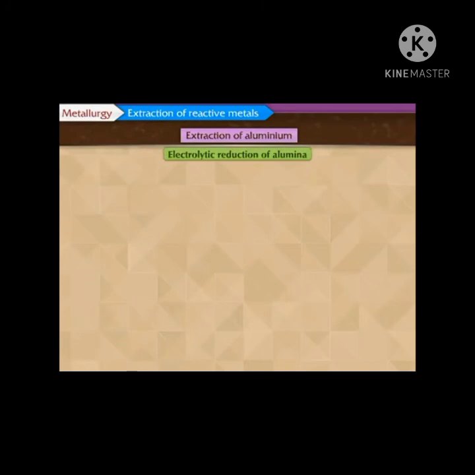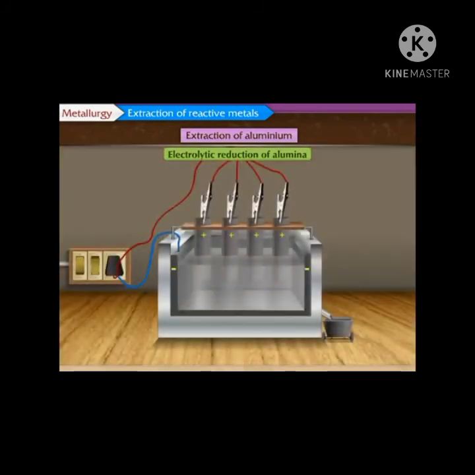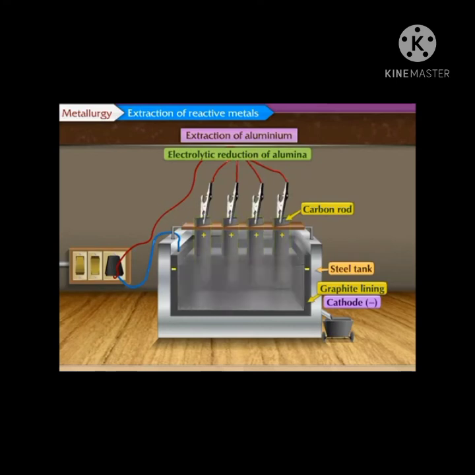Electrolytic reduction or electrolysis is carried out in a large steel tank which has a graphite lining on the inner side. This lining acts as the cathode. There is a set of carbon rods or graphite rods dipped in the molten electrolyte, that is alumina, which act as the anode.